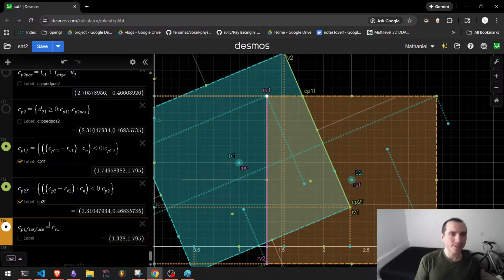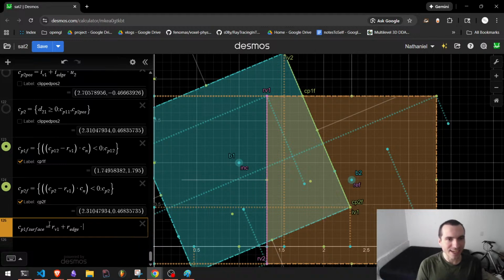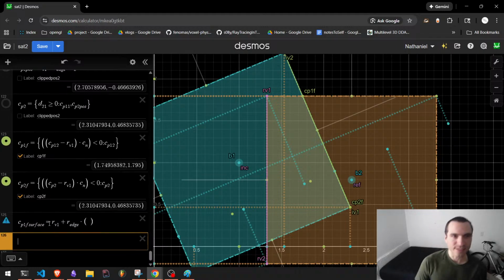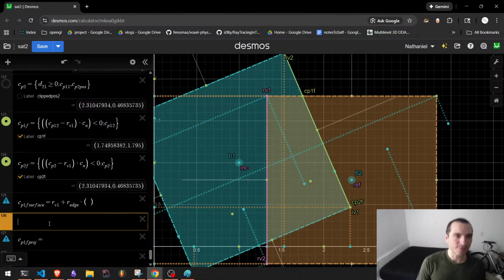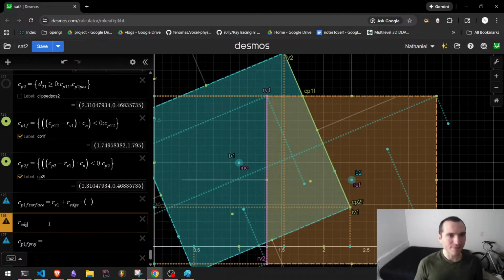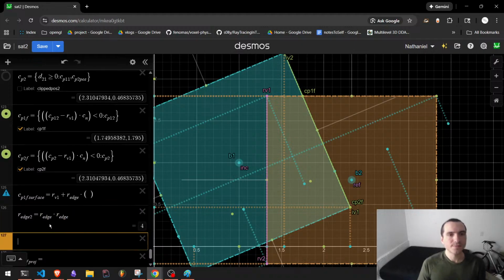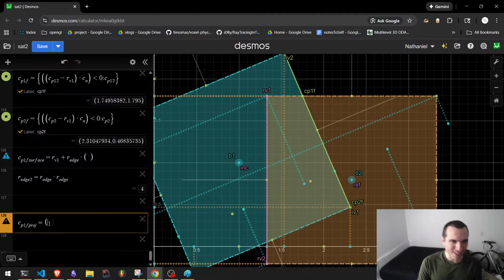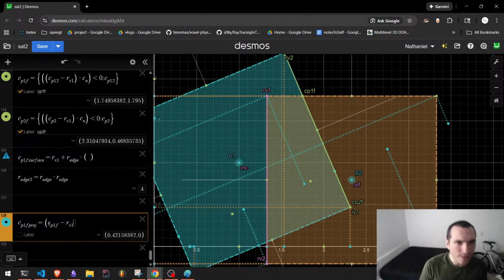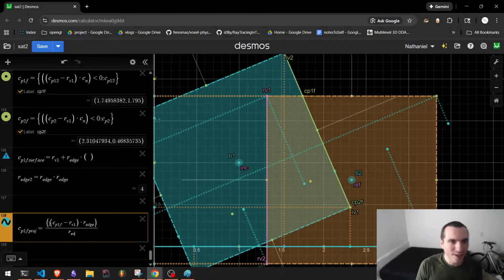This will be reference vert 1 plus reference edge times T. And T will be, yeah, we can just do it this way: CP1F projection. And we'll do reference edge squared, which is R edge dot R edge. The projection will be CP1F minus the reference vertex, put in parentheses, dotted with the reference edge, divided by reference edge squared.